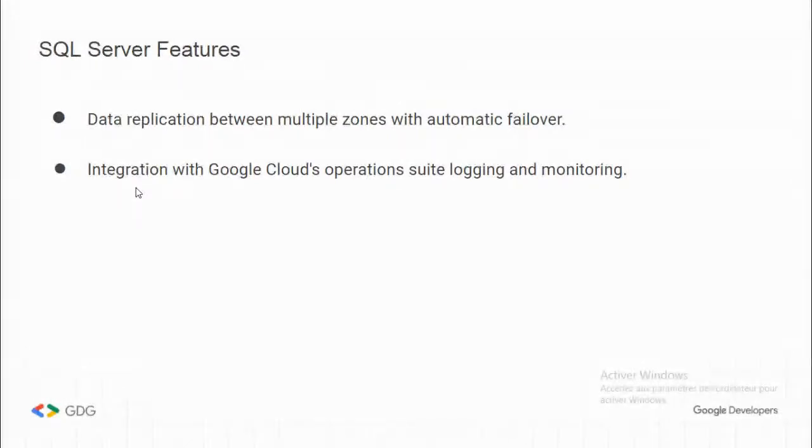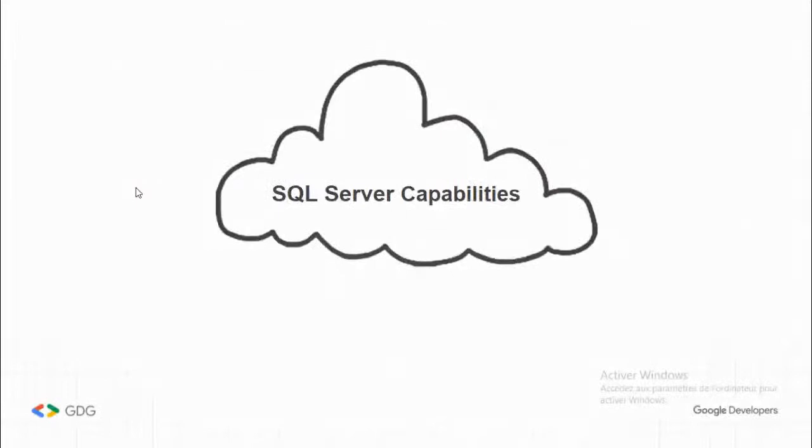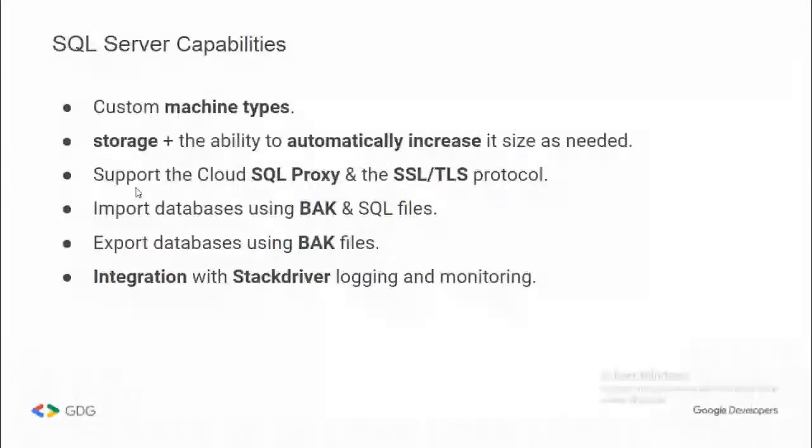Now, SQL Server capabilities. So here, custom machine types with up to 600 gigabytes of RAM and 96 CPUs, storage up to 13 terabytes with the ability to automatically increase its size as needed. SQL Server supports also the Cloud SQL proxy and the SSL TLS protocol.